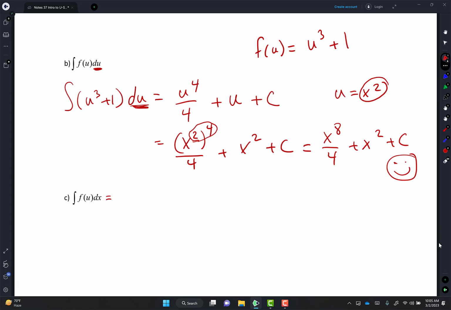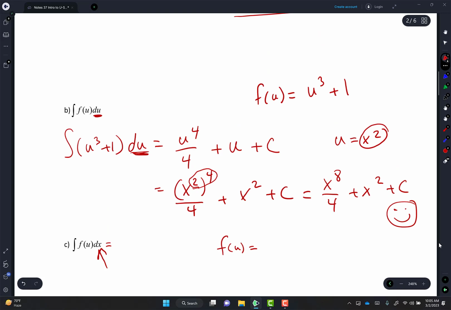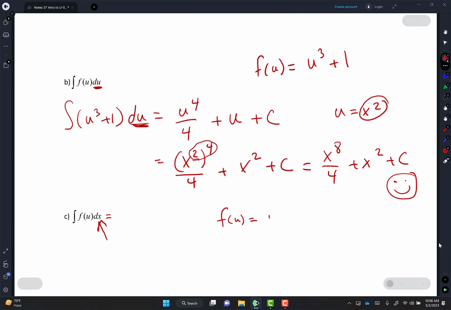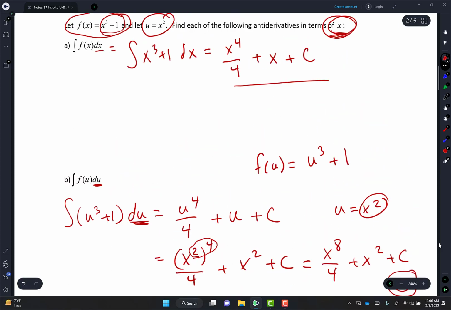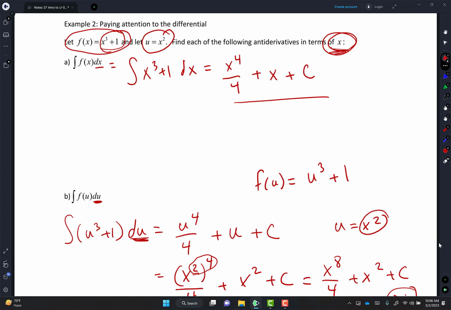All right. Notice this one, letter C, says that I want the antiderivative, but it doesn't want it in terms of u. It wants it in terms of x. So first, on the side, I'm going to write f of u equals, and what does f of u equal? U cubed plus 1. Are we still okay? Now, remember that we said what u is. U is equal to x squared.